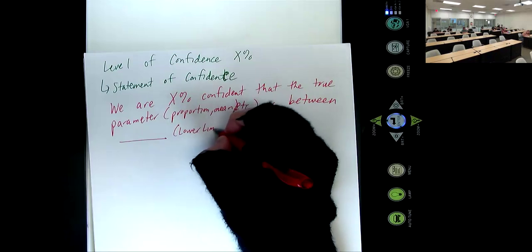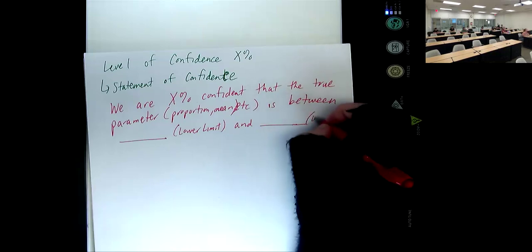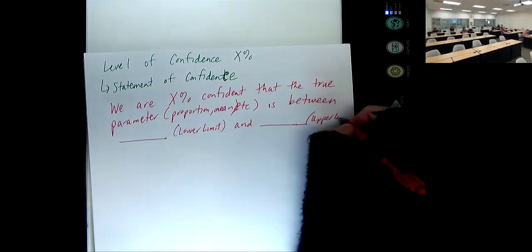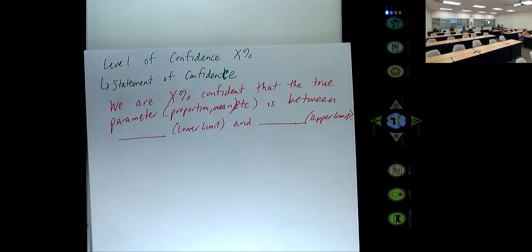You put in a value here. And another blank, which is the upper limit. That's like a blueprint for writing every single confidence interval, period.